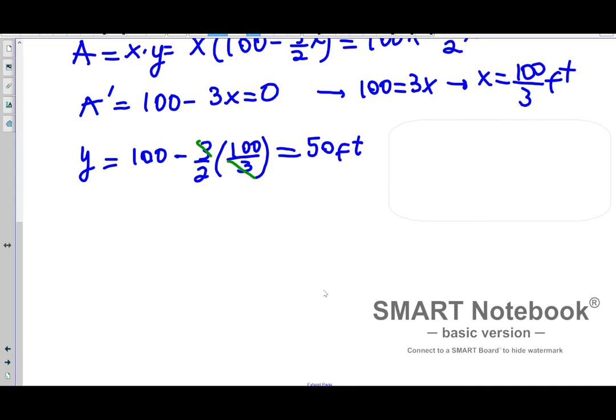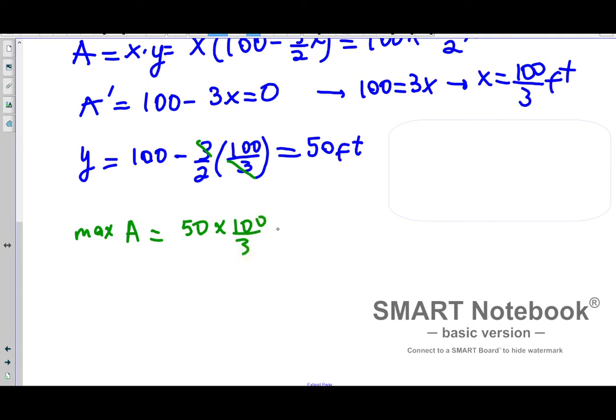And if they ask, what is the largest possible area you can create using the limited amount of fencing available? Largest possible area equals, you just multiply the 2 dimensions because area equals X times Y. So the maximum area that we can create using the fencing is 50 times 100 over 3.